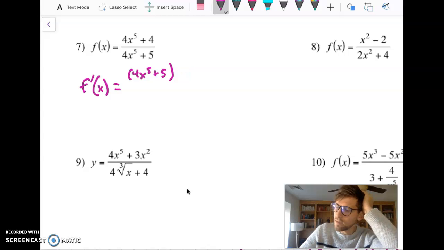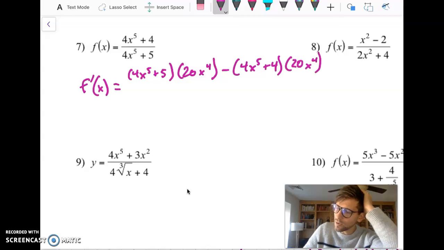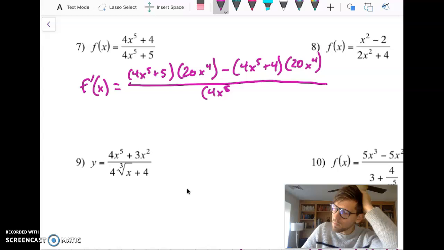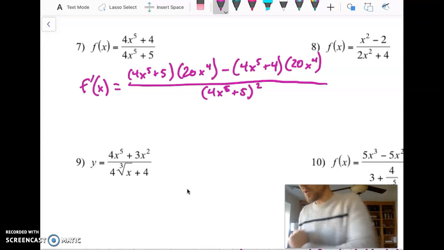I know the derivative would be 20x to the fourth, because minus high d low, which actually has the same derivative because that first term is the same, all over low squared. And I'll just leave that low squared as is.